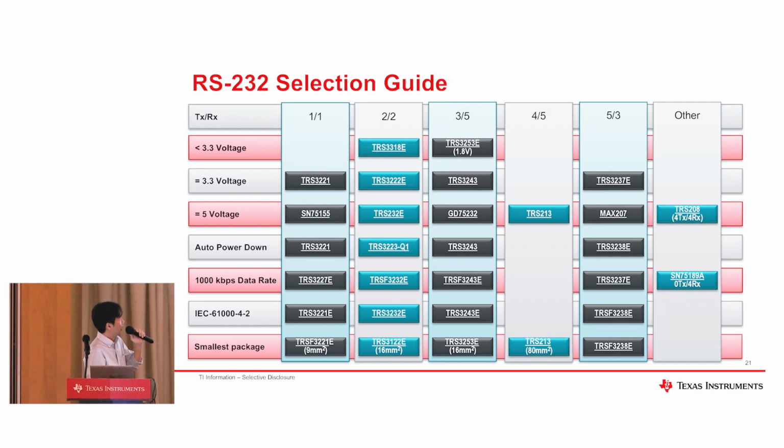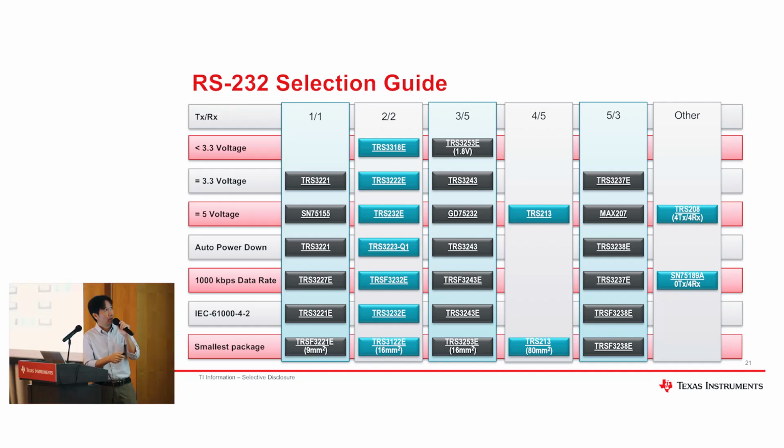And one thing I would like to note here is that we do have devices that support a 1.8 volt power supply. One benefit of using this one is that in case your system I/O voltage is just 1.8 volts, you will have a 1.8 volt power supply for the I/O system, right?